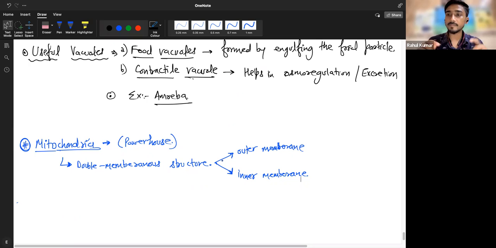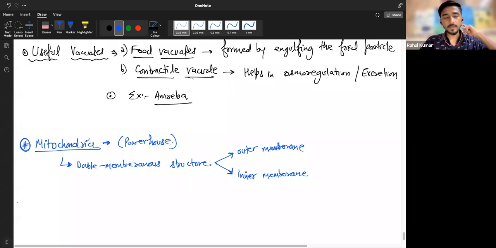Mitochondria maintain an inner membrane which is bigger in a folded state to increase the surface area. And between the outer membrane and the inner membrane, there is space, and that space is very important for the function that I'm going to tell you now.